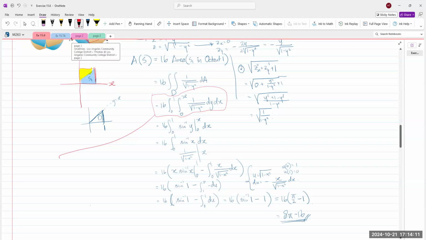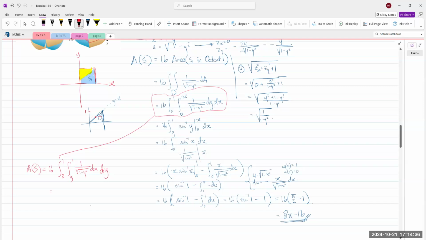So let's say this area S equals 16 times the integral from 0 to 1 for the dy. And as for the x, the x will be from y to 1, dx. Okay, that's 1 over square root of 1 minus y squared.